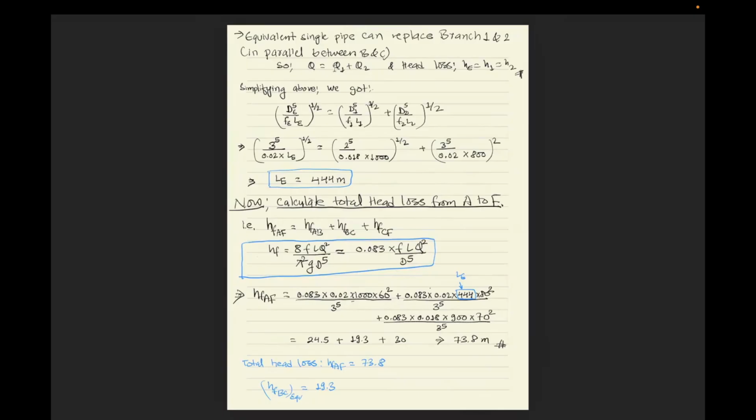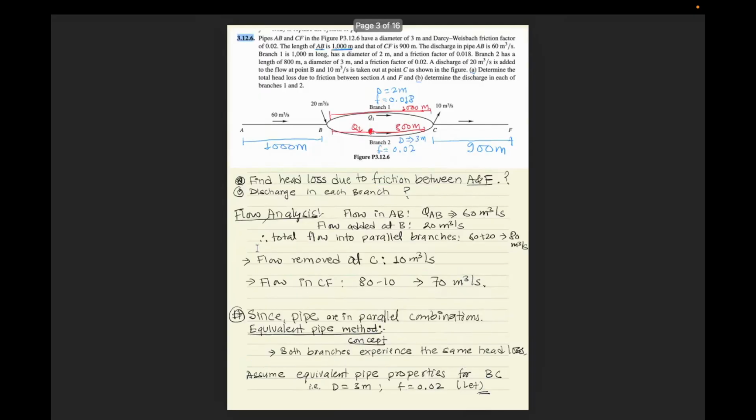Simplifying this, we get the final equation: Q equals the square root of the quantity d_e to the power 5 divided by f_e times the length of the equivalent pipe, times the head loss to the power half. While solving we got the length of the equivalent pipe as 444 meters, and we will use this 444 meters for determining the head loss from A to F. So now let us go back here.